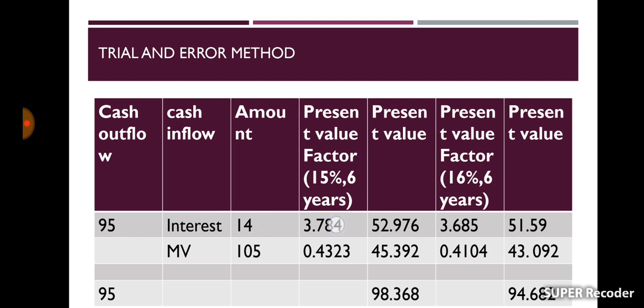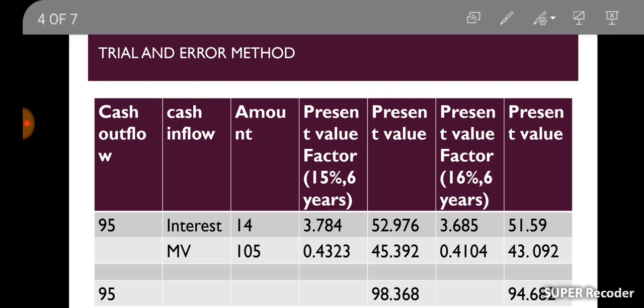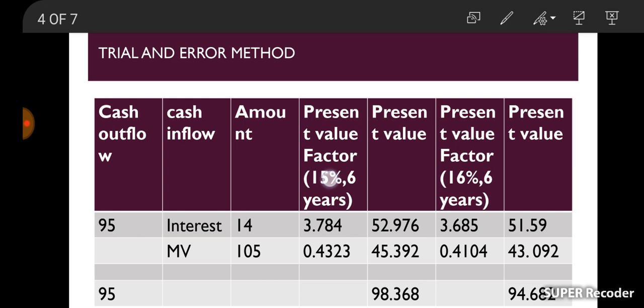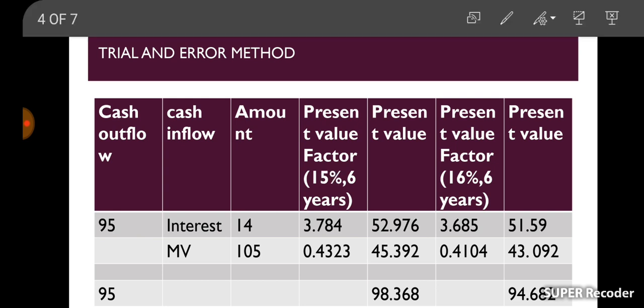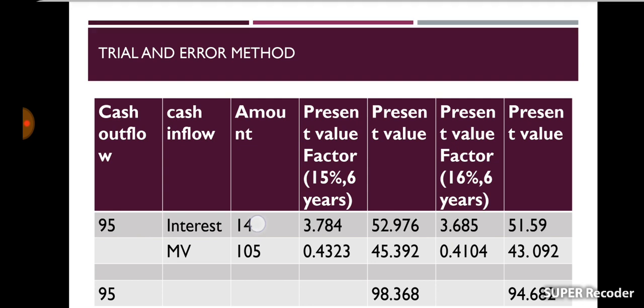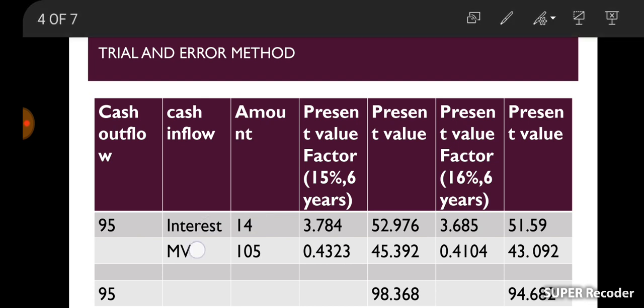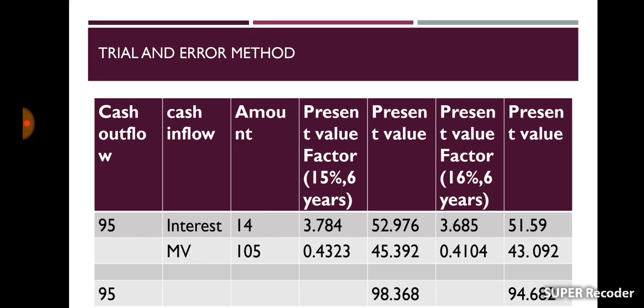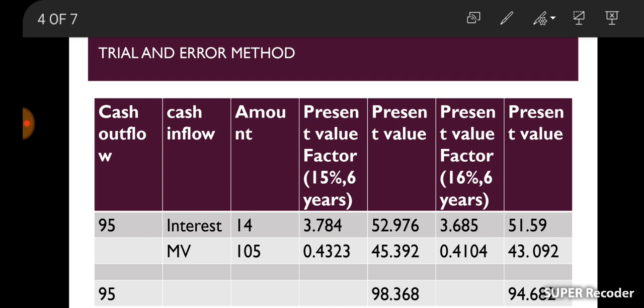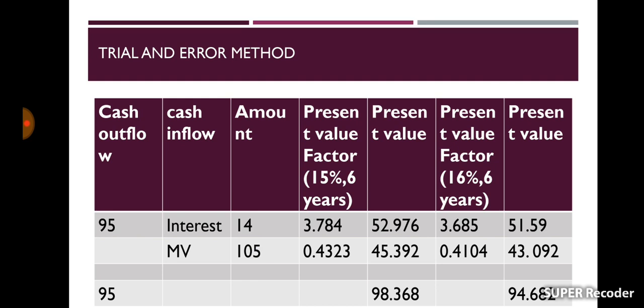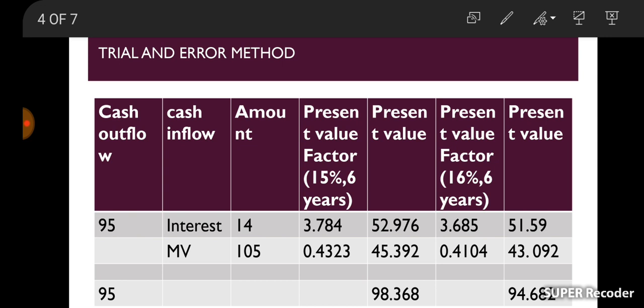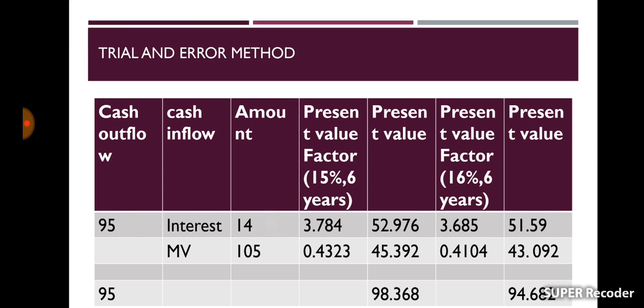So here we are taking the present value annuity factor at the rate of 15% for 6 years for calculating the present value of this ₹14. We have written the cash inflows here: interest and maturity value. The interest amount is 14 and the maturity value is 105. For calculating the present value of ₹14 at the rate of 15%, we are multiplying this 14 with 3.784, that is the present value annuity factor at 15% for 6 years.